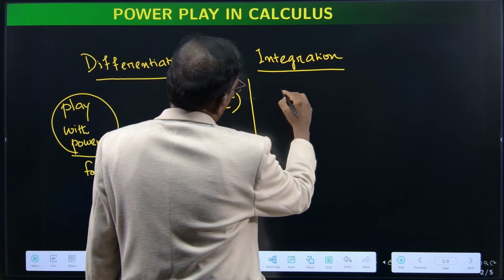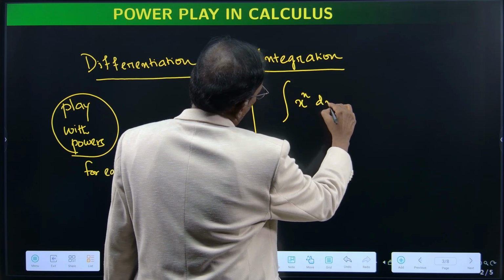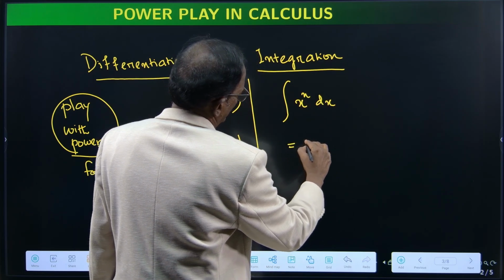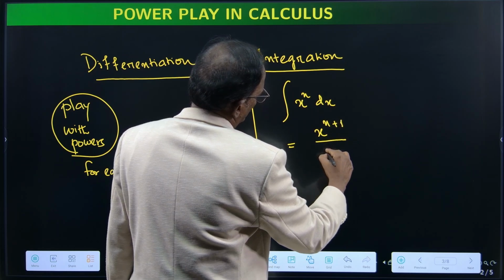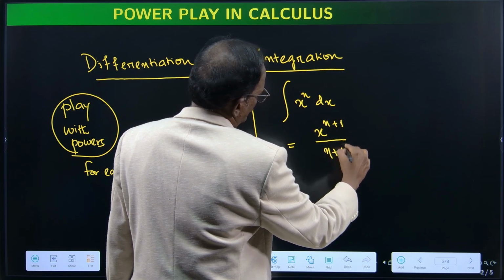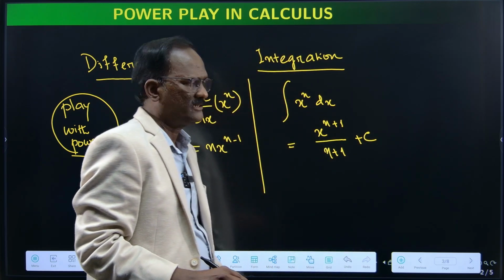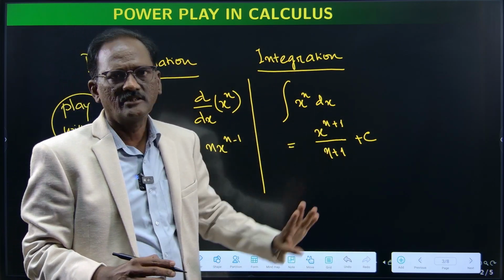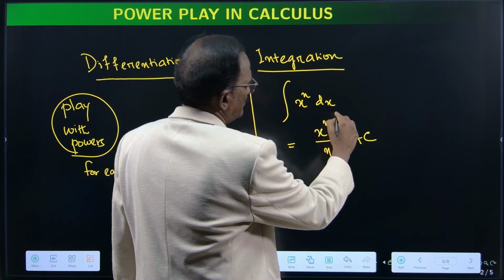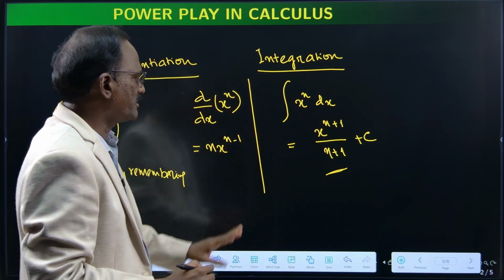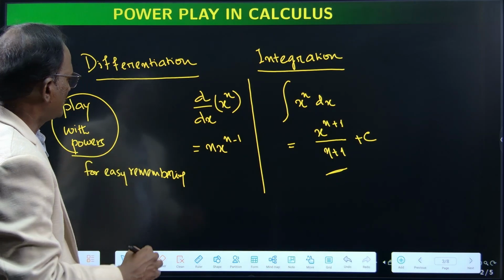This side, integral of x power n dx, which is equal to x power n plus 1 divided by n plus 1. In fact, one constant will be coming. The limits are given, the constant value will be obtained. So this is important: x power n plus 1 divided by n plus 1. So only the polynomial function.